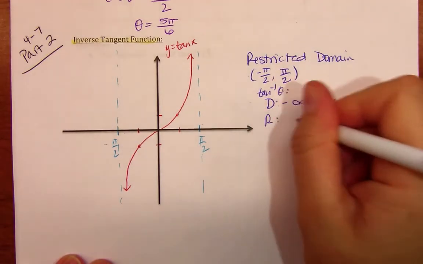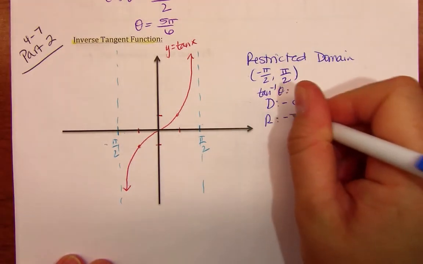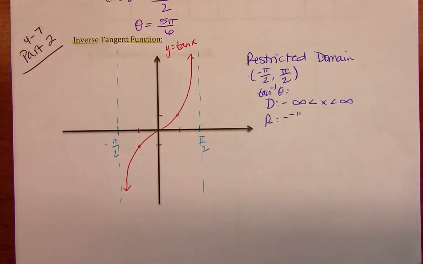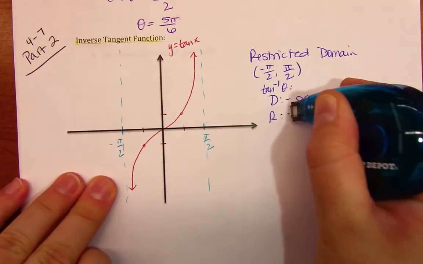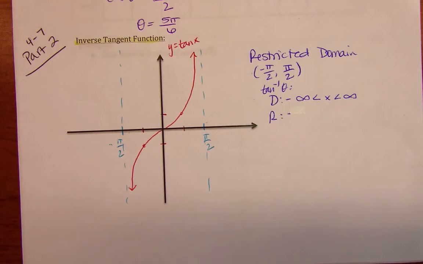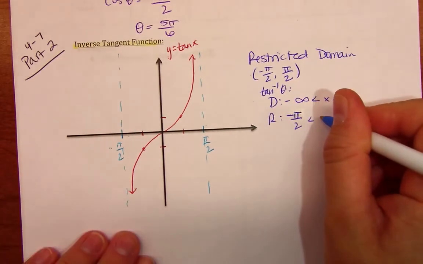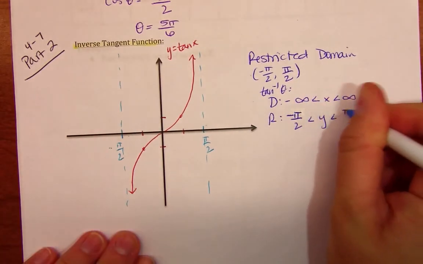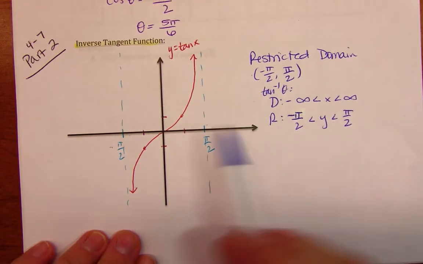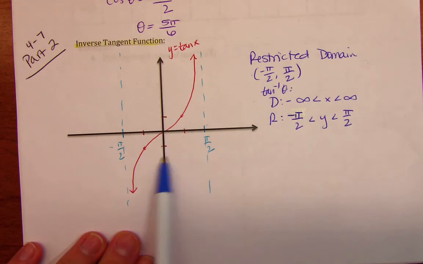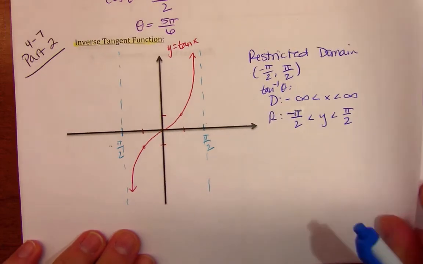And our range is going to be from negative pi over 2 to positive pi over 2. And again, notice we don't have the equal to signs because it won't be defined there. It'll go all the way up to positive pi over 2, all the way down to negative pi over 2.